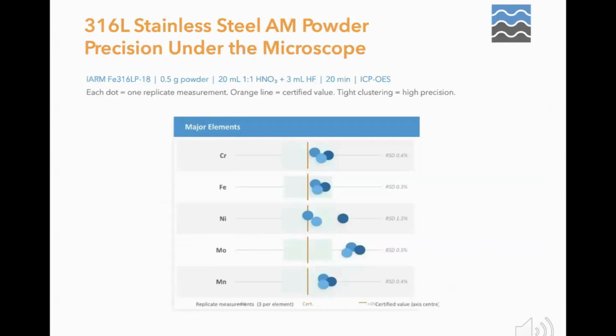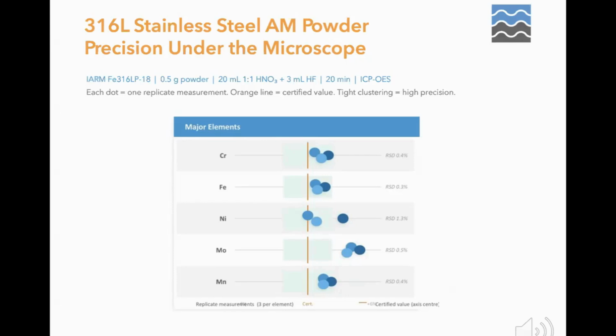A bit of a different format here, and again, we can provide data in any format you'd like across all of these CRMs, but here we're looking at 316L stainless steel powder, and this is more of a dot plot. Each dot represents one separate measurement, per element. The orange vertical line is the certified value, and the green band is a 2% window.